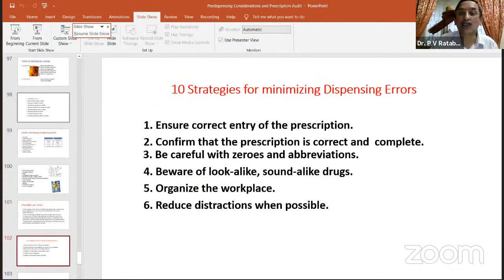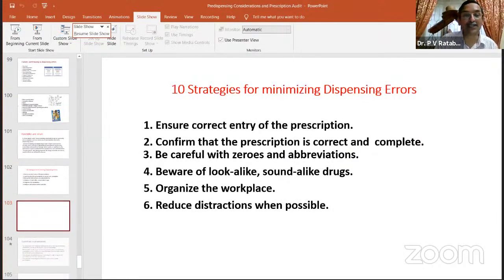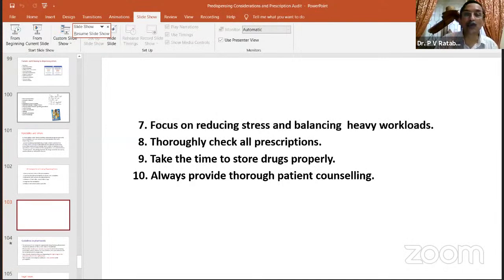So what are the 10 strategies for minimizing dispensing errors? Ensure correct entry of the prescription. Confirm that the prescription is correct and complete. Be careful with zeros and abbreviations. Beware of look-alike and sound-alike drugs. Organize the workplace properly. Reduce distractions when possible. Focus on reducing stress and balancing heavy workloads.